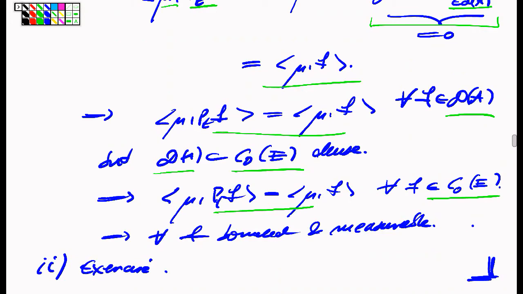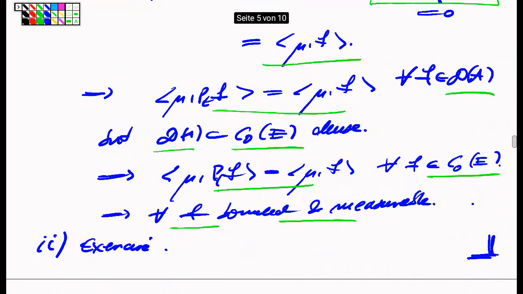Then, by the fact that the continuous functions vanishing at infinity generate the full Borel sigma field, we can by a second approximation conclude that this is correct for all bounded and measurable functions, which is the claim. So we have convinced ourselves that we can characterize invariance of a measure for the action of a semigroup, for a Feller semigroup, say.